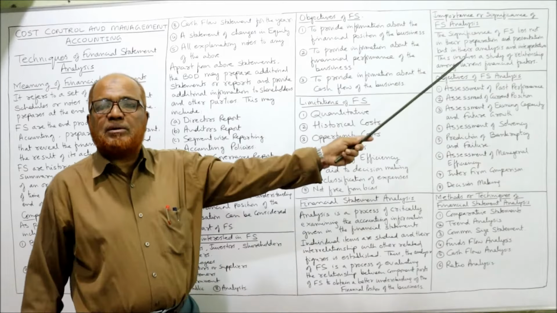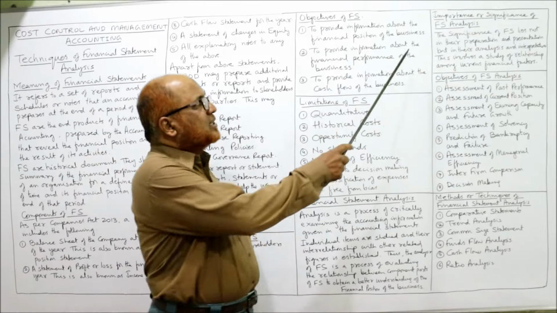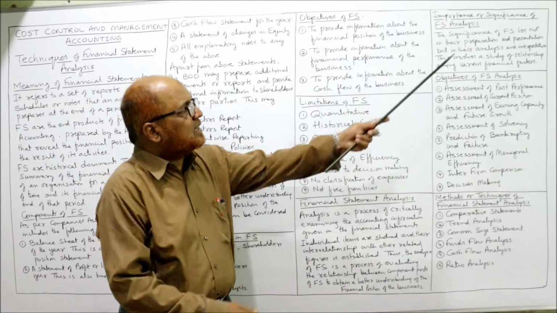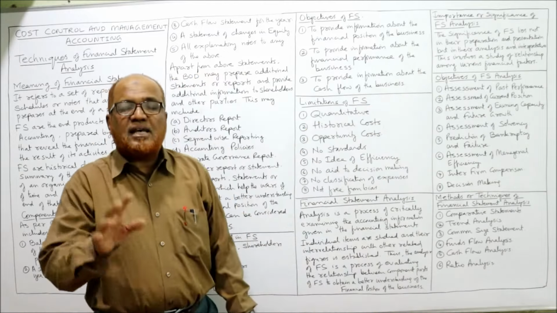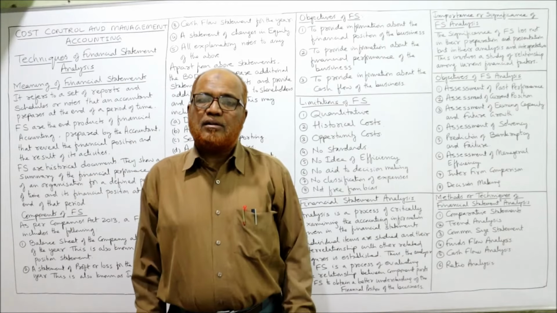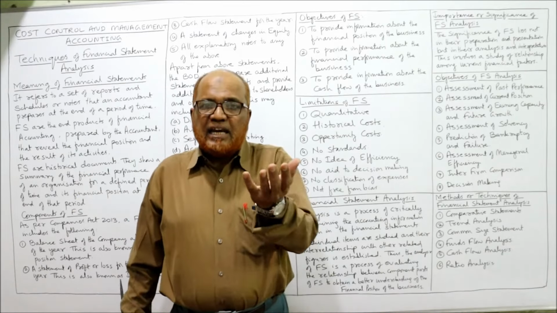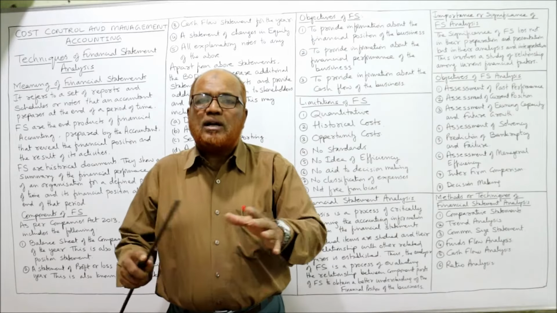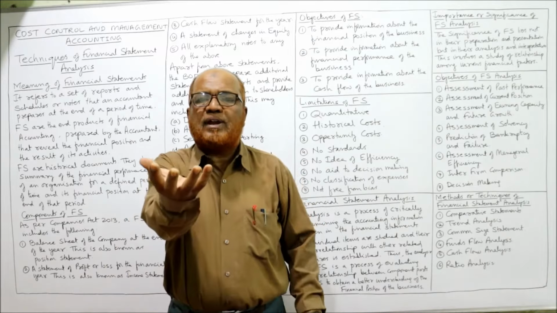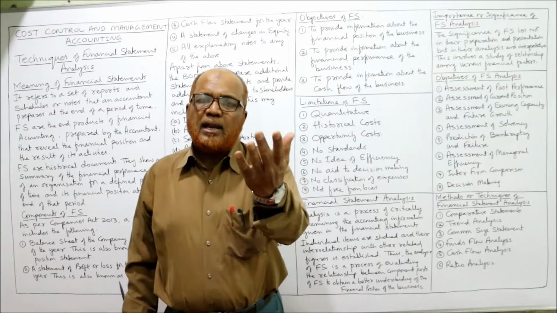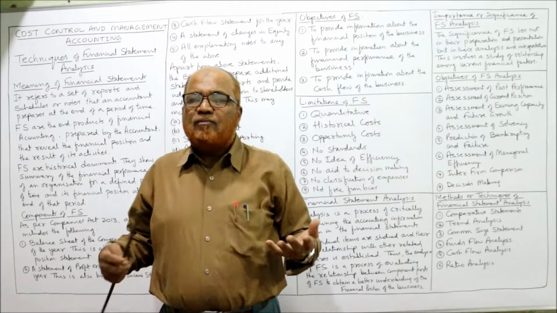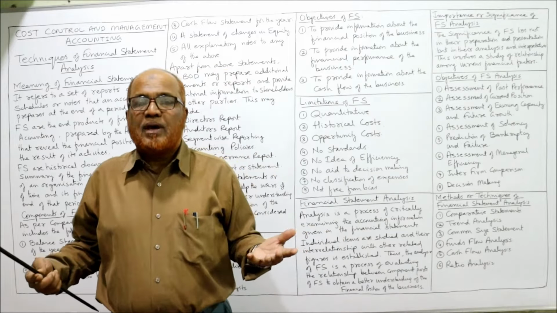Why will this financial statement analysis be done? The significance of financial statements lies not in their preparation and presentation, but in their analysis and interpretation. See here, ultimately we need financial information. We cannot get financial information simply by making financial statements. If you only keep financial statements like the profit and loss account and balance sheet, we will not get sufficient information.